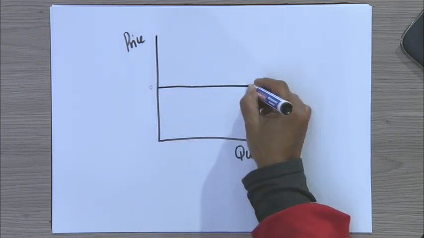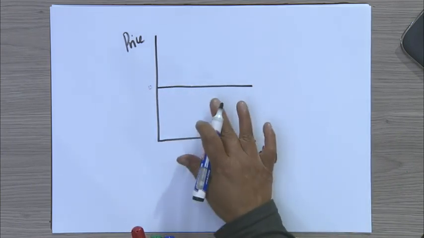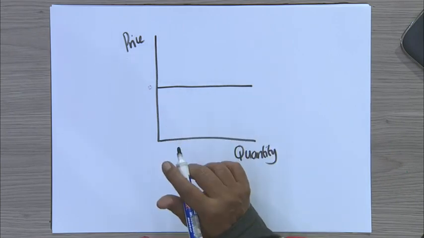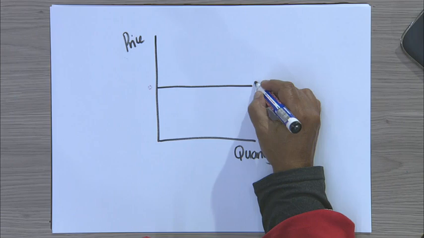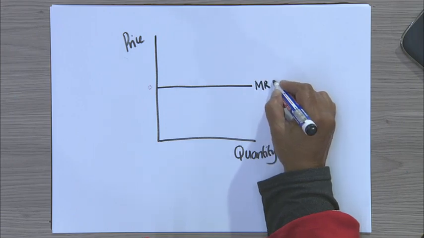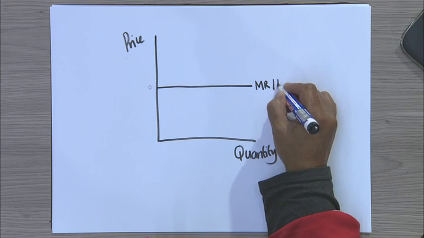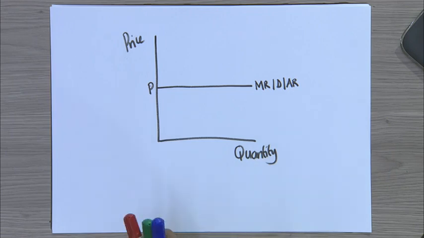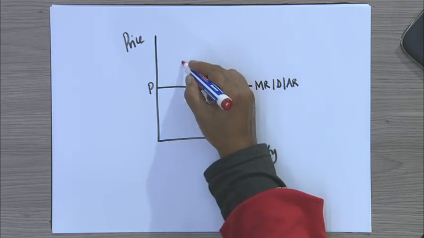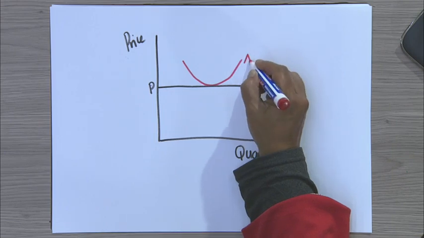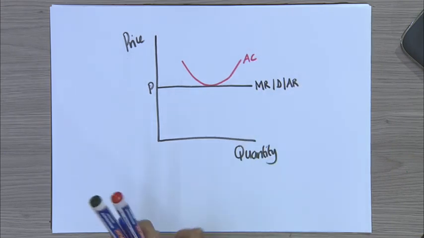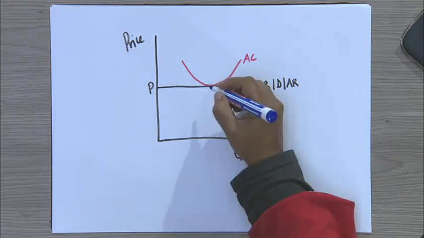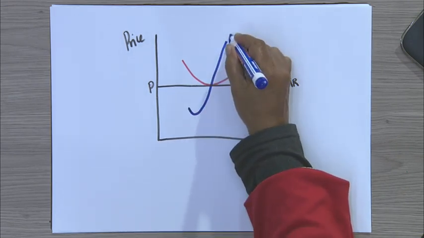So that we said. Now, to remember the name of this curve, I remember Mr. DARP. So Mr. D, A, R, and P. I remember Mr. DARP, right? And then I draw my AC curve, and I draw my MC curve.